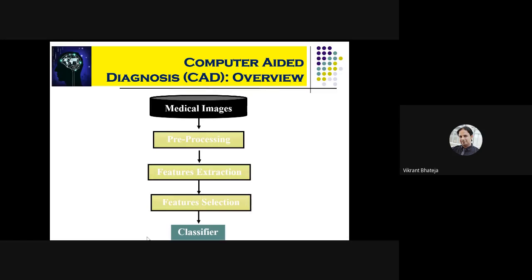Now, if we take the overview of computer-aided diagnosis, this is the very fundamental diagram which is known to one and all.